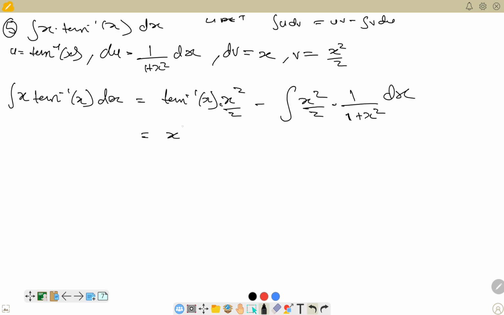So we see that we have x squared over 2 arctan x minus, we can take out 1 over 2 outside of the integral, then we have minus 1 over 2 times the integral of x squared over 1 plus x squared.